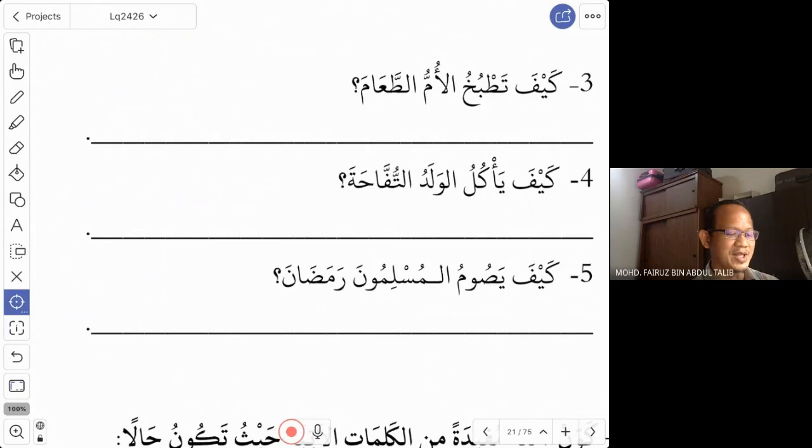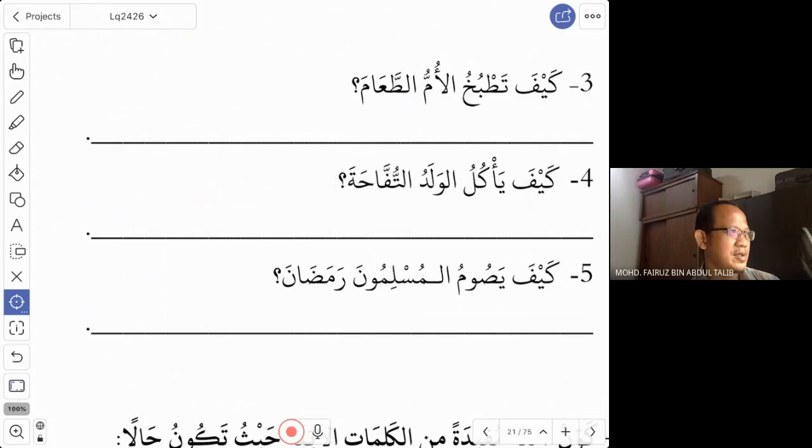Or not how did the mother cook the food? Or maybe you want to explain the ta'am. In this jumlah, the hal can explain either the mother or the food, the ta'am. Yes, you can also say how does the mother cook the food?